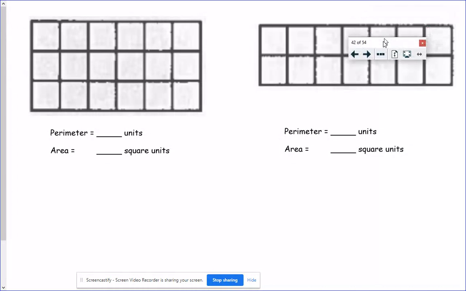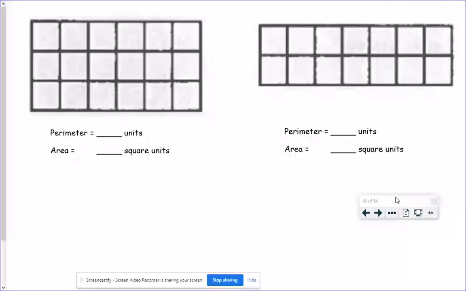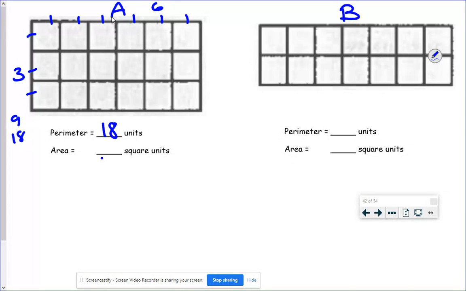Here, let's just do one more, just make sure you got the hang of it. Pause the video and make these calculations, perimeter and area of both. And we should get the same perimeter again. 3 plus 6 is 9, and double that, that's 18, so that's your perimeter. The area is multiplying.